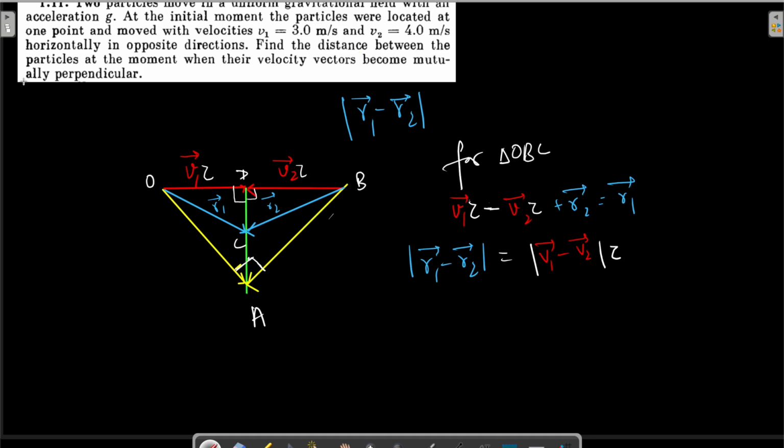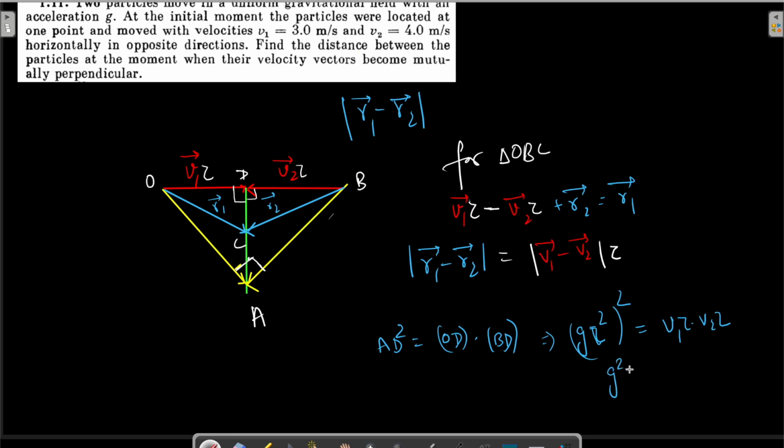So we can say AD square should be equal to OD into BD, and AD is g tau, so g tau squared equals v1 tau times v2 tau.